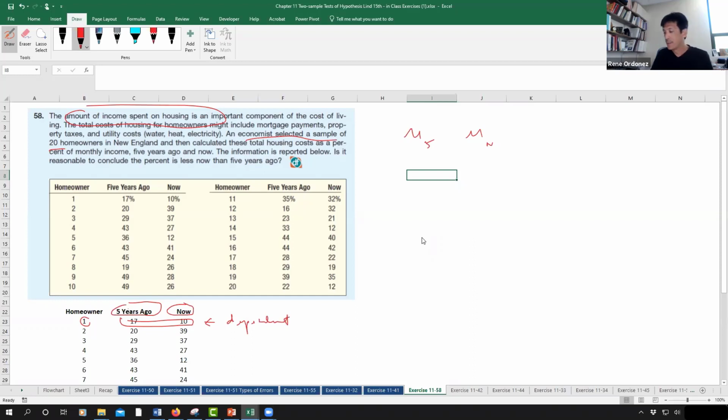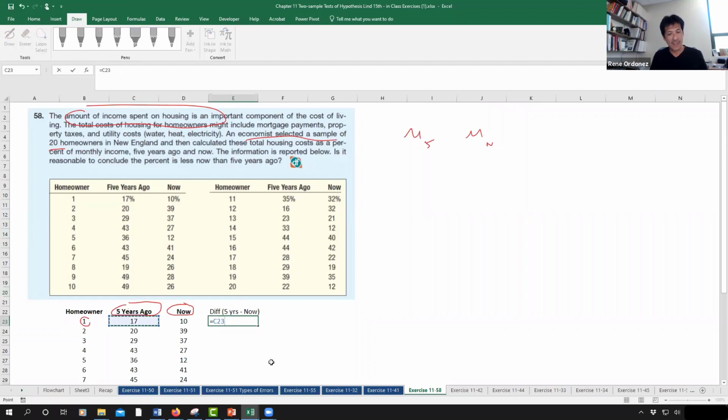Okay, and because they are dependent samples, the analysis is now based on the difference for each period of observation. So let's compute the difference as 5 years ago minus now.